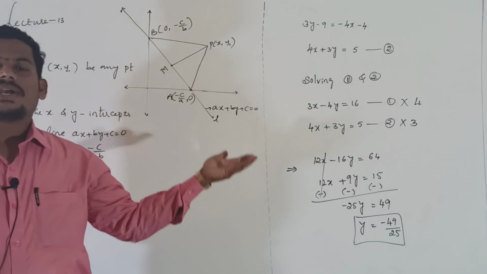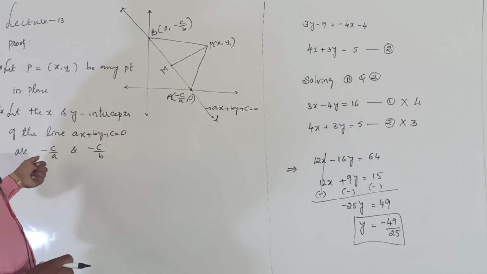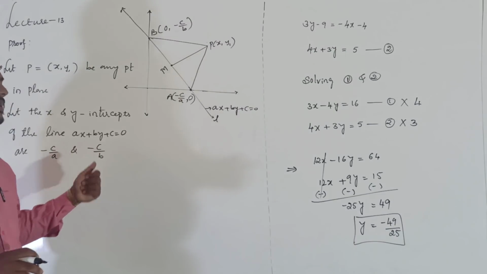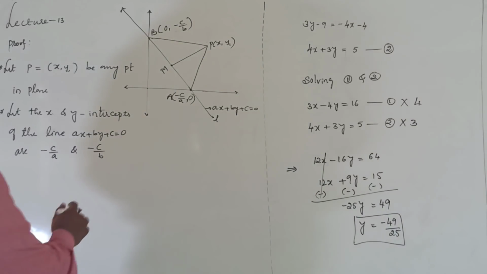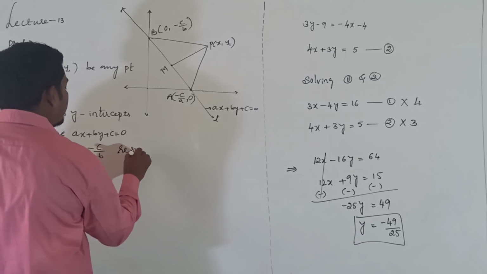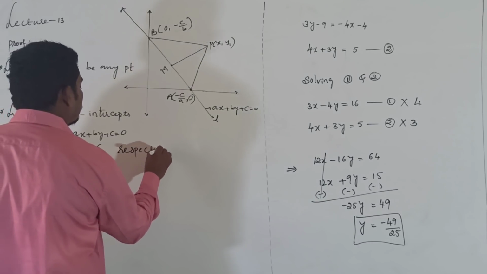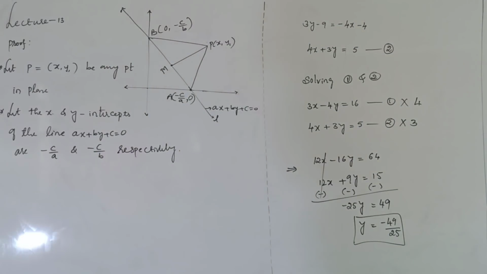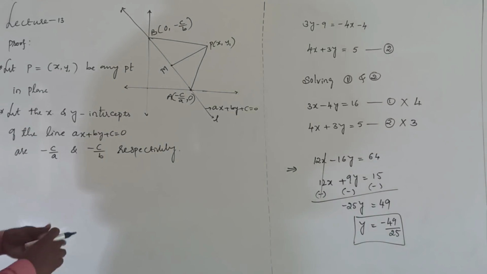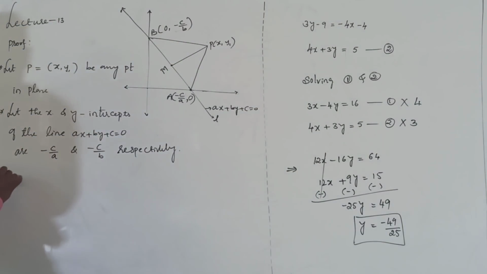The x intercept and y intercept are minus c by a and minus c by b respectively, right? Then the line intersects. Next point.